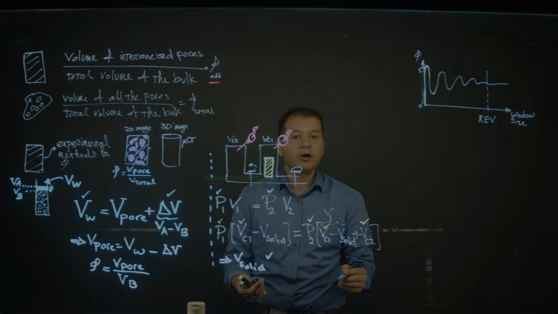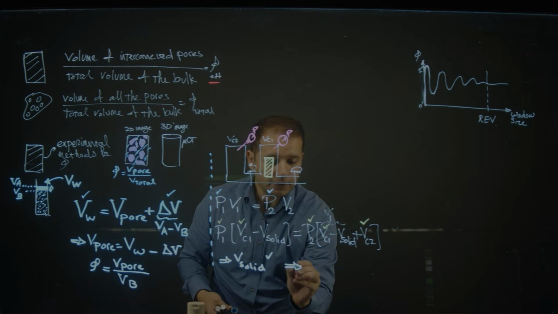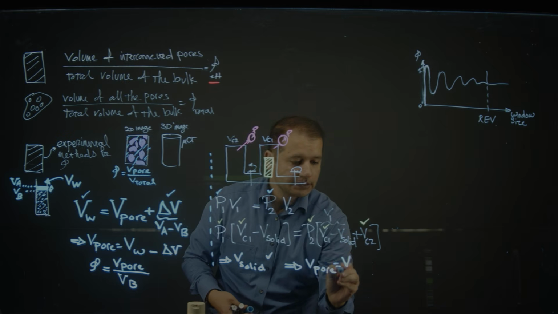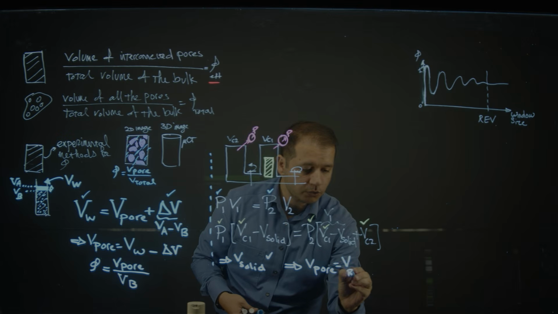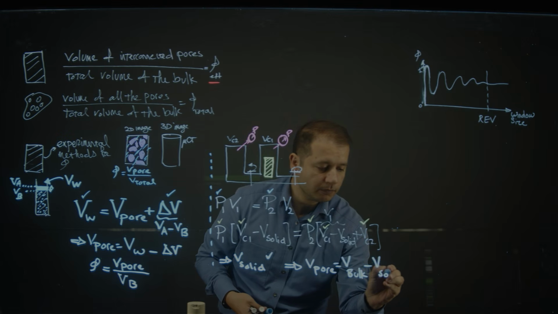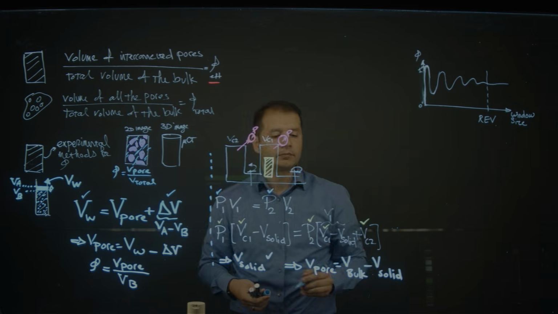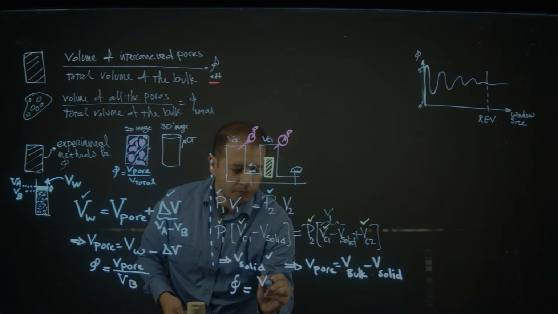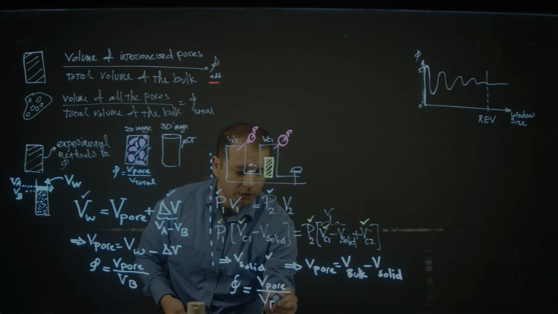And when I know the volume of solid, I will know the volume of the pore space of my rock: it is the total bulk volume of my rock minus the solid volume, the grains volume. And there I can find the porosity to be the volume of the pores divided by the total bulk volume.